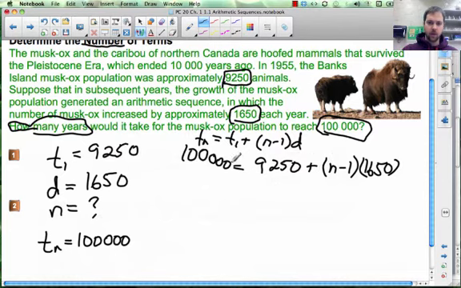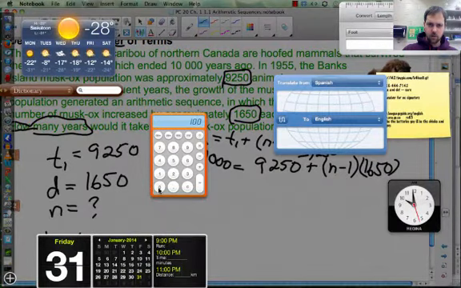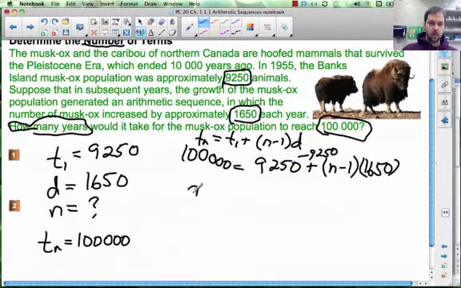So we need to work backwards. Take 100,000, subtract 9250 from each side. 100,000 minus 9250 leaves us with 90,750 equals n minus 1 times 1650.